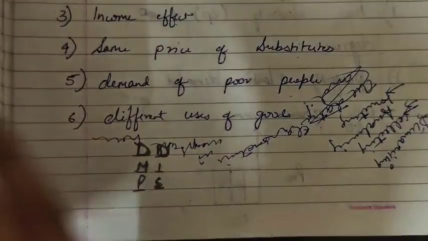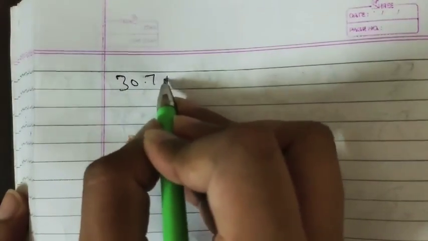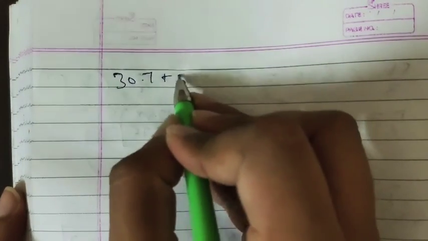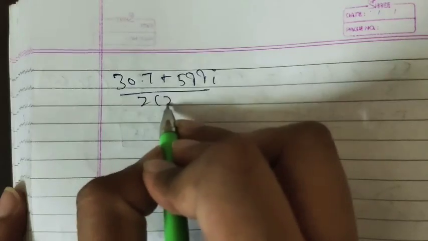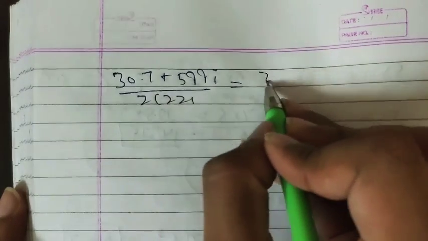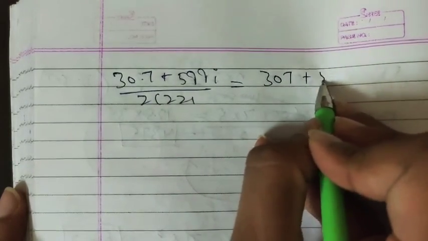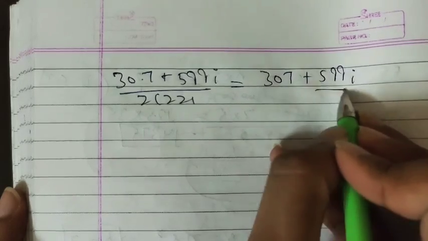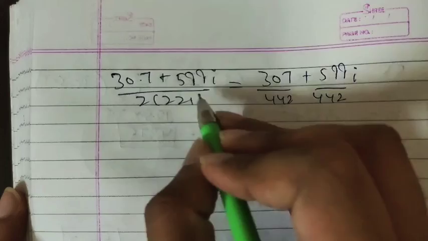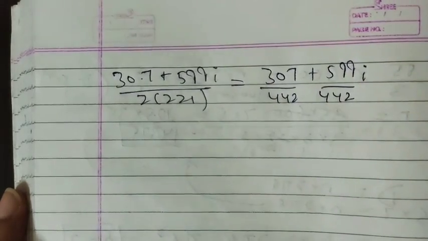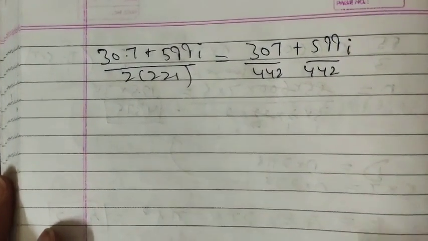So the answer is (307 plus 599i) divided by 442, which we can separate. So this is the standard form, right?